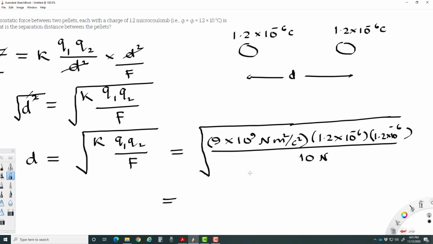So you can take the square root of 9 times 10 to 9 times 1.2 times 10 to negative 6, and that times 1.2 times 10 to negative 6, and that over 10 Newton.